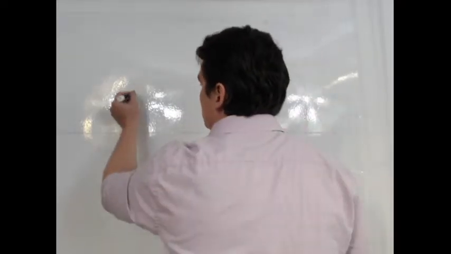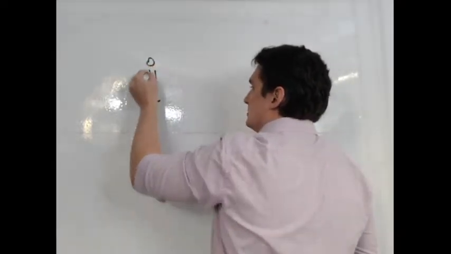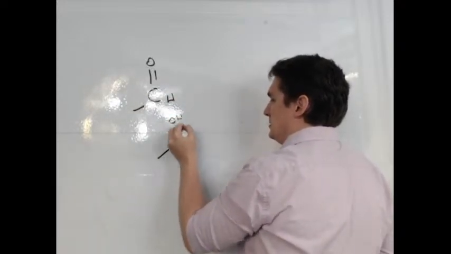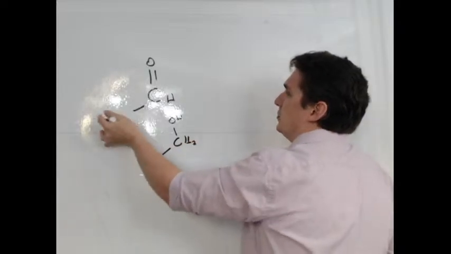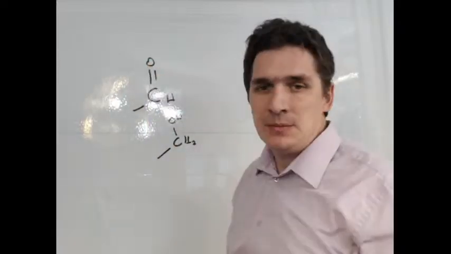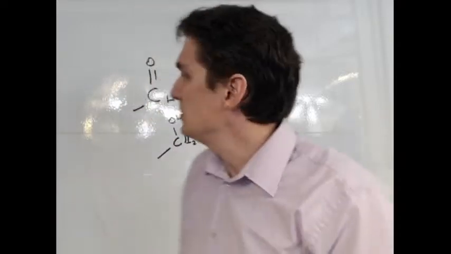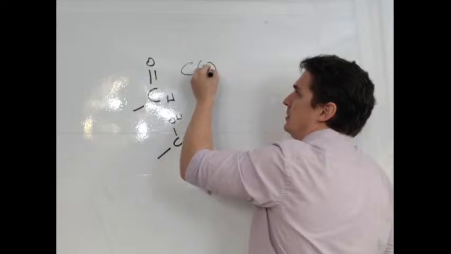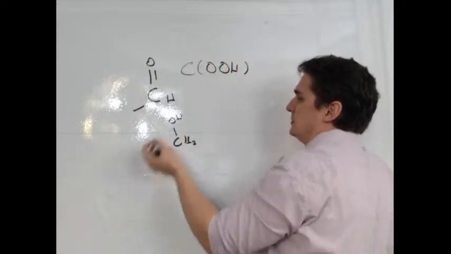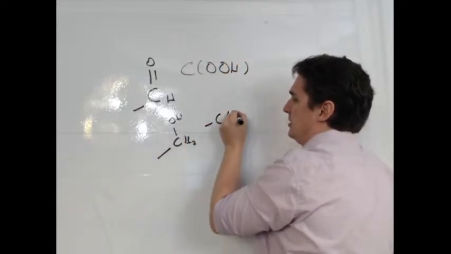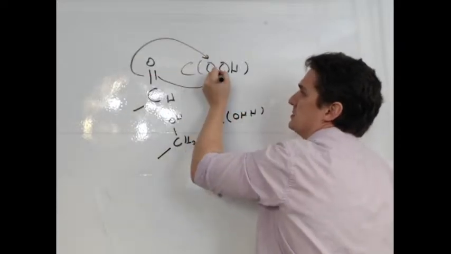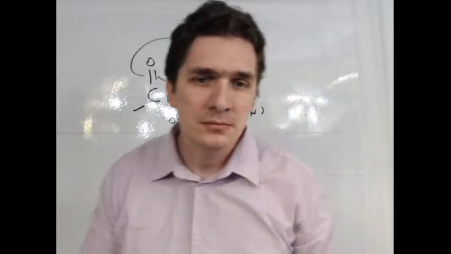So for the CIP rules, if you have a double bond, we consider not the atoms that are bound, but the bonds to those atoms. So for something like an aldehyde, it would actually be C with O, O, H versus this one, which would be C with O, H, H. So each bond here corresponds to the oxygen.